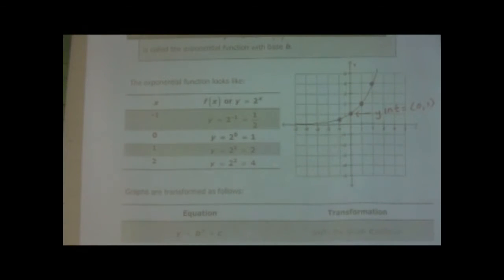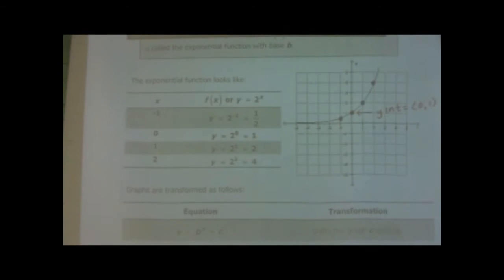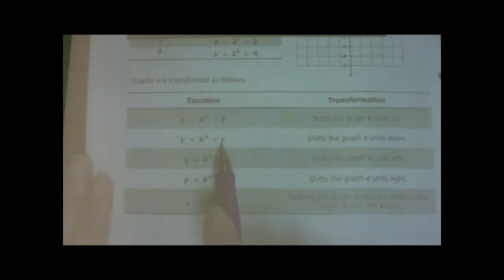So here's the thing. What can change this is translations. And we did these when we did the absolute value functions. They are at the bottom of the page. So if I add a number, c, onto the end, this is going to shift the graph up c units. If I subtract a number c at the end, it's going to shift the graph down c units.